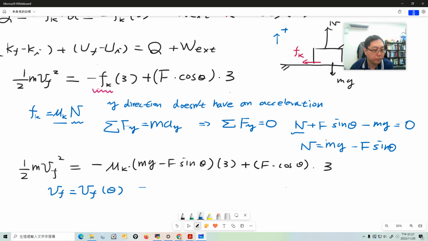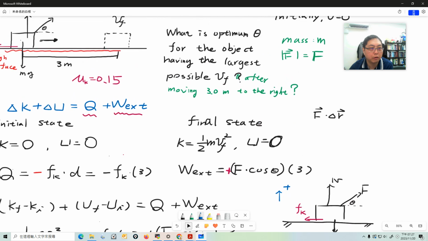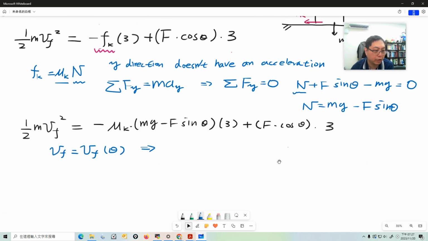Then the problem is to find the optimum angle theta for the maximum vf. So you take a derivative and find the extreme value of the function. You know that.